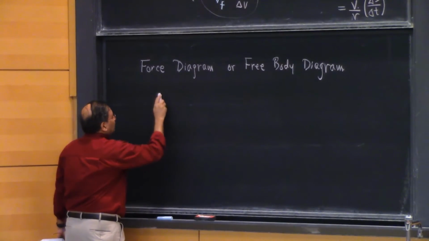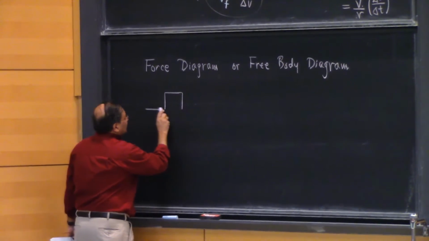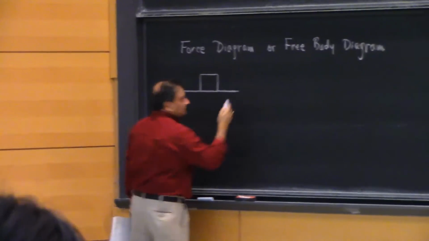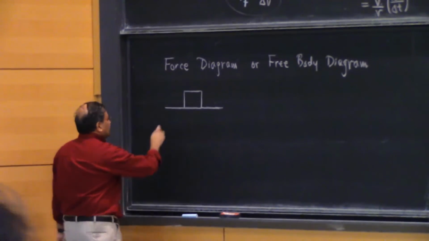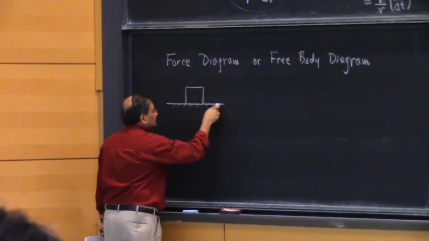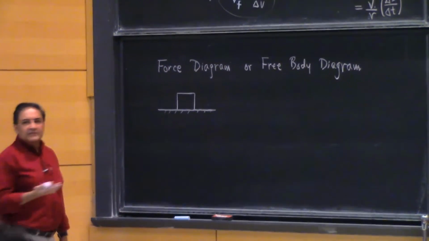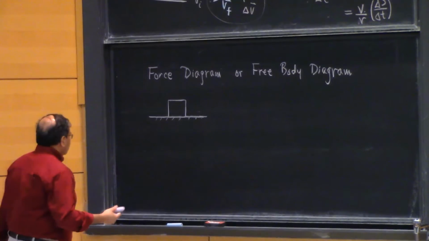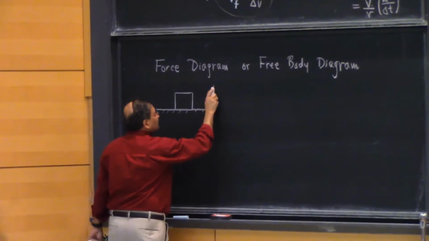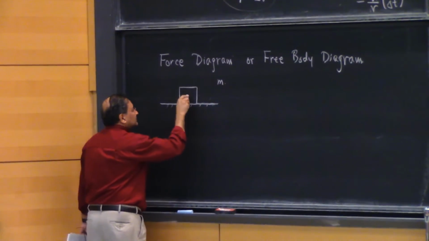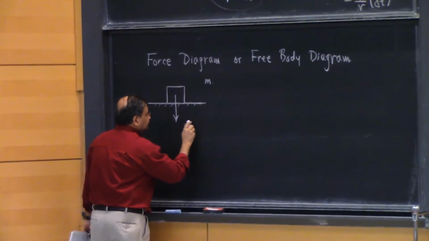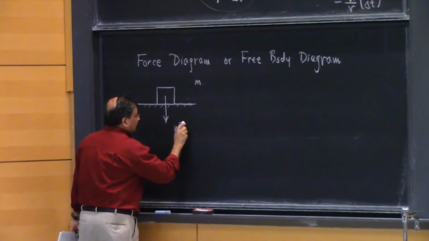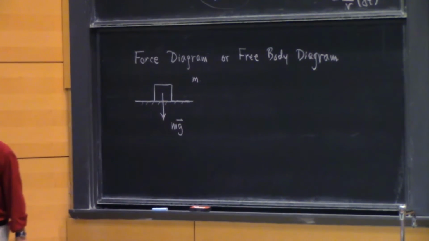So suppose you have a block, like I have in the homework. I put a book. A book can be a block, which is sitting on some surface. Whenever you have something sitting on a surface, this thing has a mass. So therefore, there is a downward force, which would be mg. I can put a vector here.